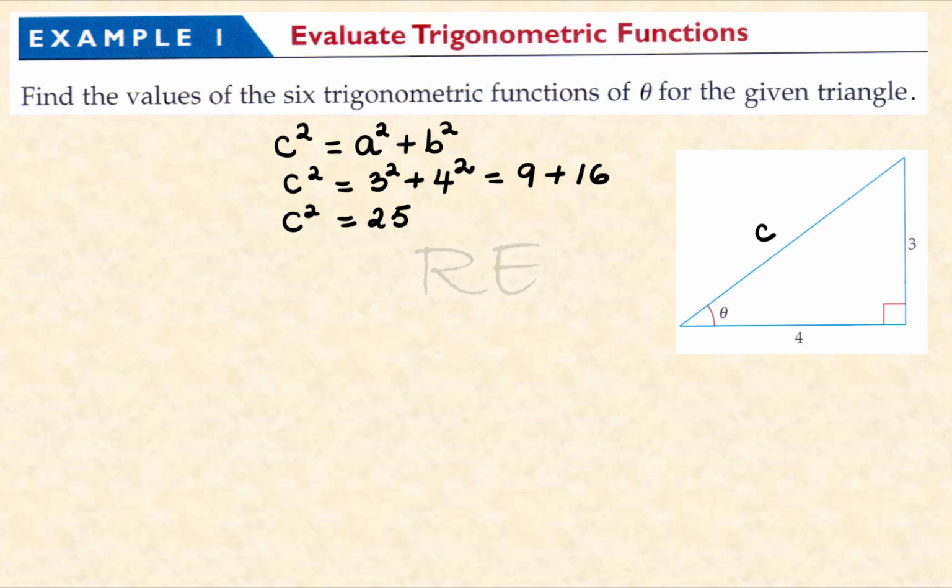And because c is a line segment, c will be equal to the principal square root, the positive square root of 25, which is 5.